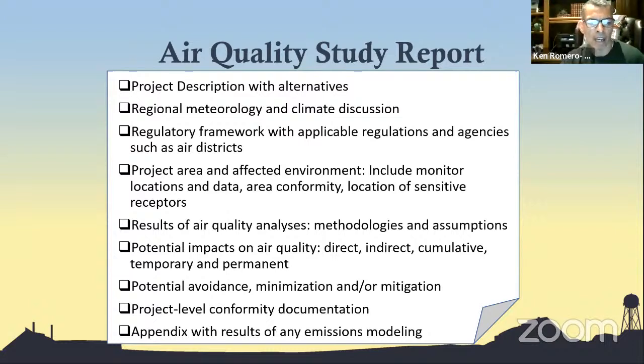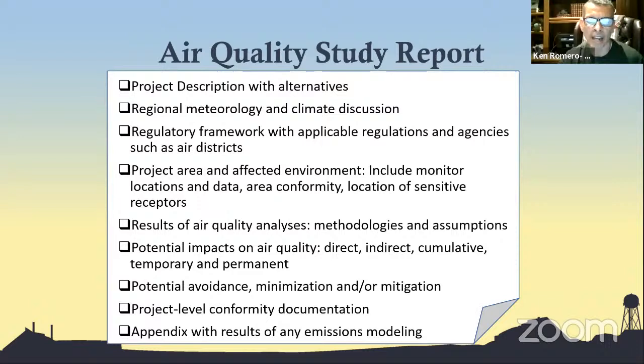We have project level conformity documentation if the project is in an area subject to conformity requirements under the Federal Clean Air Act. This project, and basically the San Joaquin Air District, is under requirements that have to meet conformity. We are in non-attainment for particulate matter 2.5. That's the specific pollutant that we look at for conformity.